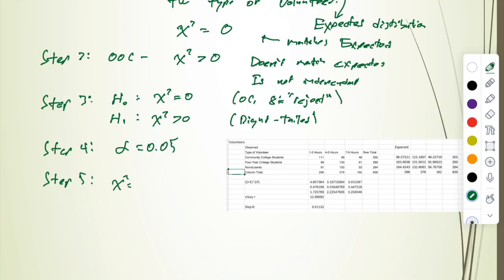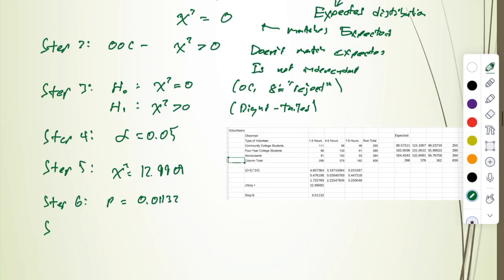Chi-squared equals 12.9909, and step 6, P equals 0.01132. Step 7, P is less than alpha, so that means reject the null.